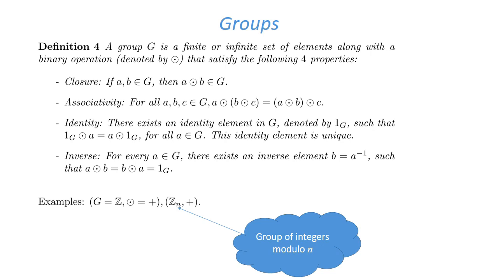Next, also observe that the set of integers modulo n is also a group with respect to addition. I'll leave it as an exercise for you to verify that these four properties do indeed hold for the set of integers modulo n where the group operation is addition.